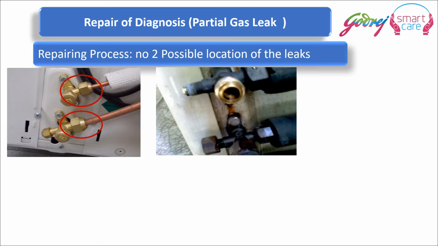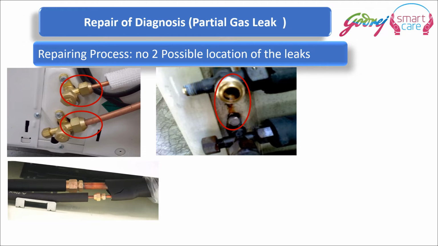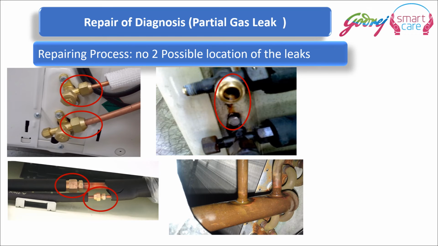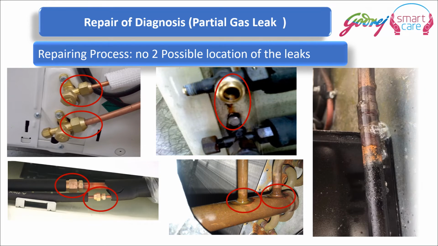Any oily or blackened spots will indicate that over a period of time there has been a refrigerant leakage from that joint, because along with the refrigerant, compressor oil will also leak out, and that trace of compressor oil will give us a clue that there was a leakage from this place. Every flare joint, every braze joint, all these joints have to be checked for any traces of oil or blackening.